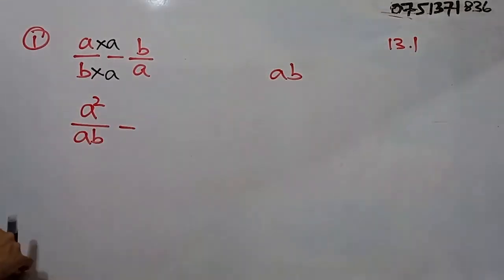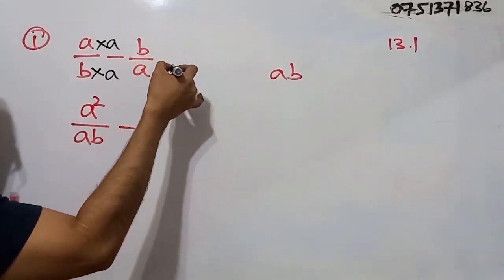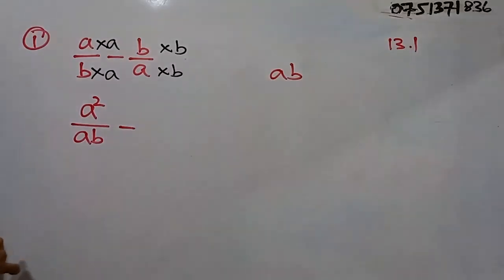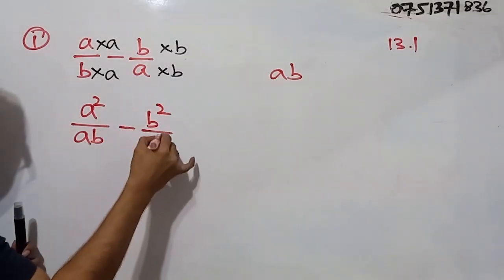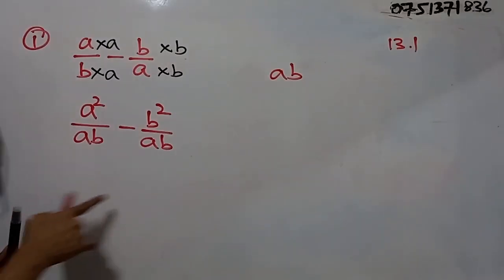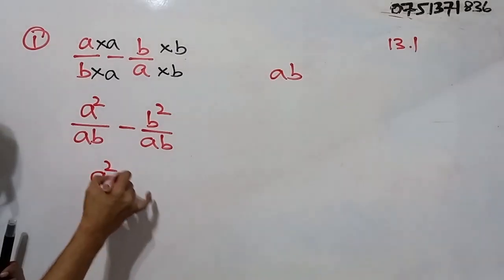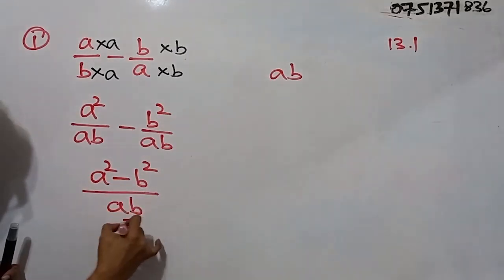Then minus, the next fraction, we have to multiply the denominator by b. Then we have to multiply the numerator by b as well. So what will be the outcome? b squared by ab. Then I can rewrite the same expression: a squared minus b squared, entire expression, divided by ab.